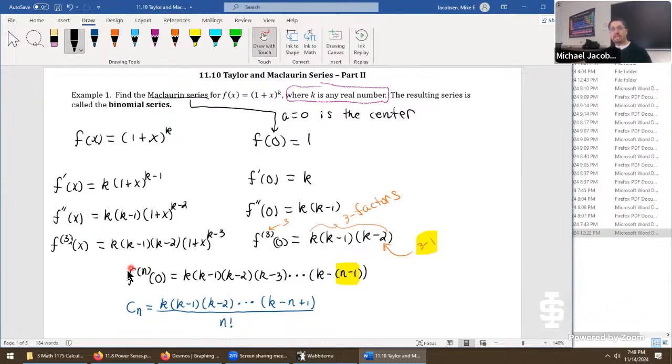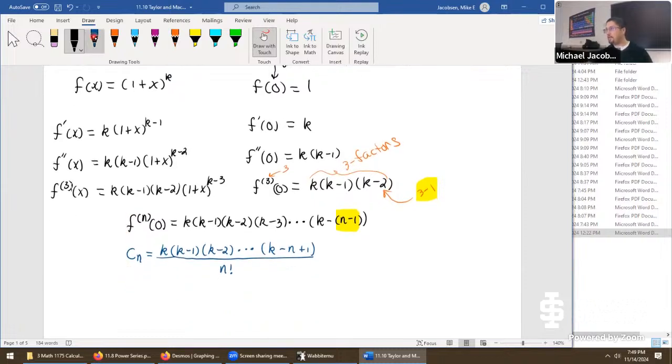So what we do is we take all of this and call it k choose n. That's random notation out of nowhere. It might not mean a lot to you, but if you take probability or combinatorics, then this has certainly come up.